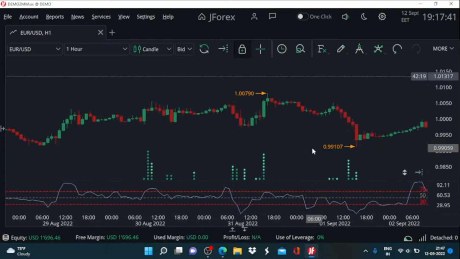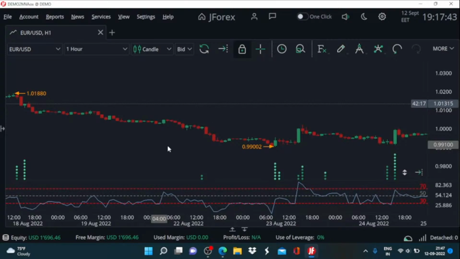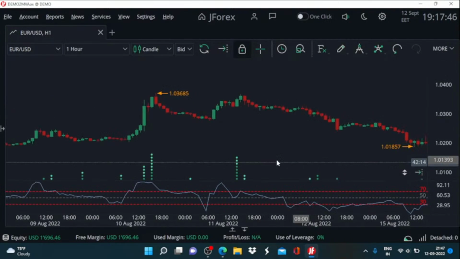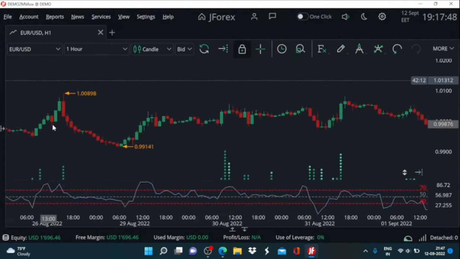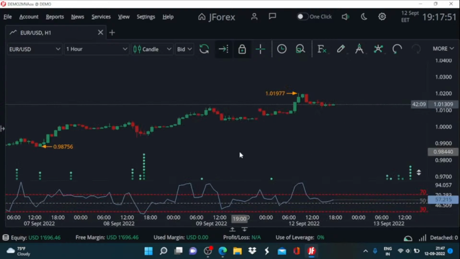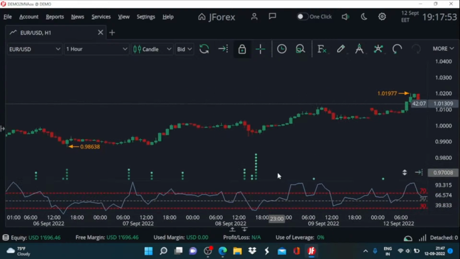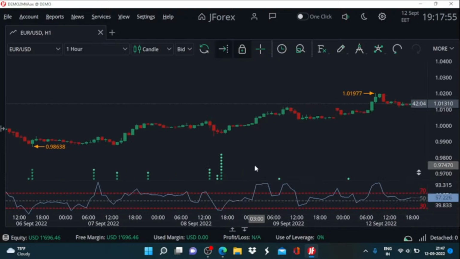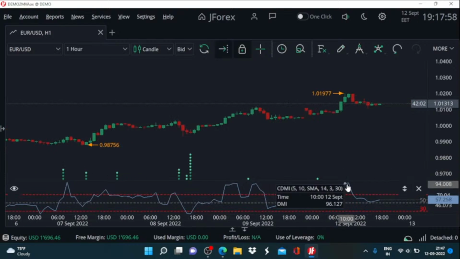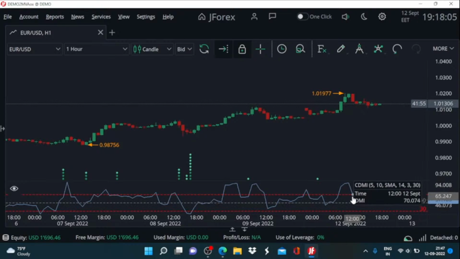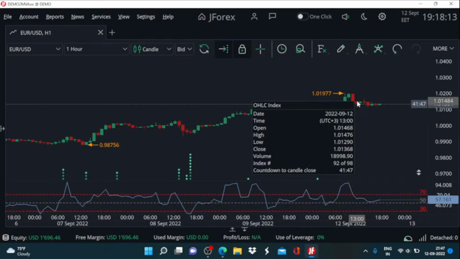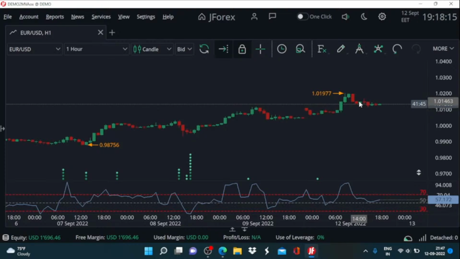So these are very useful scenarios, and some of the extremes are also quite well illustrated in this chart for the Euro USD on the hourly candle time frame. Earlier in the day we had these extremes reached on the higher side, and after that we saw the reversal happening and the CDMI output dipping back below 70, and after that it has mostly traded in this consolidation range.